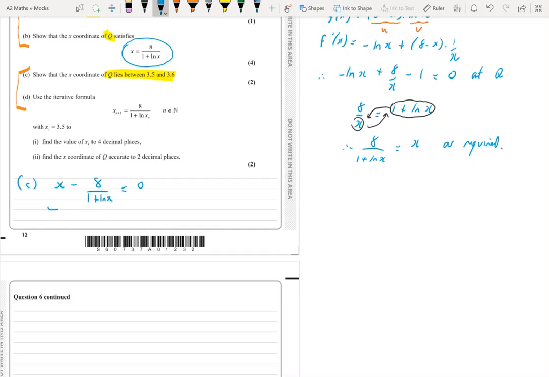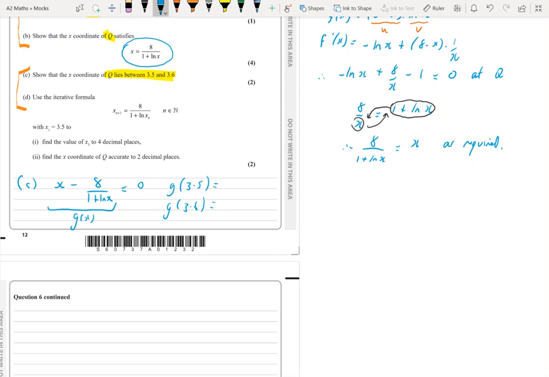Okay, so we're going to label this function, and can't call it f anymore, let's call it g. This function should have a change of sign. We need to look at g of 3.5 and g of 3.6. So you need to grab a calculator and type in exactly that function. So we need to do 3.5 minus a fraction where we've got 8 on the top and 1 plus ln 3.5 on the bottom.